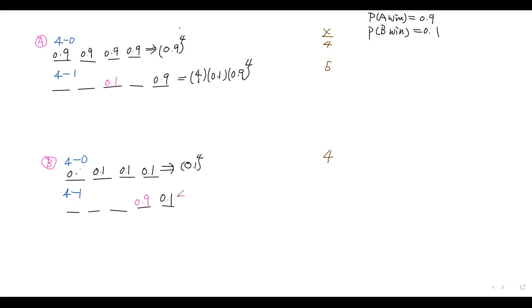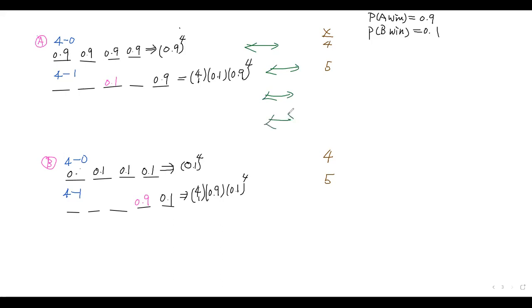So now what is the probability here? It will be 4 choose 1 is losing, it's 0.9. So it's 0.1 to the 4th power. Then how many games? 5. So then just like we did before, multiply each.